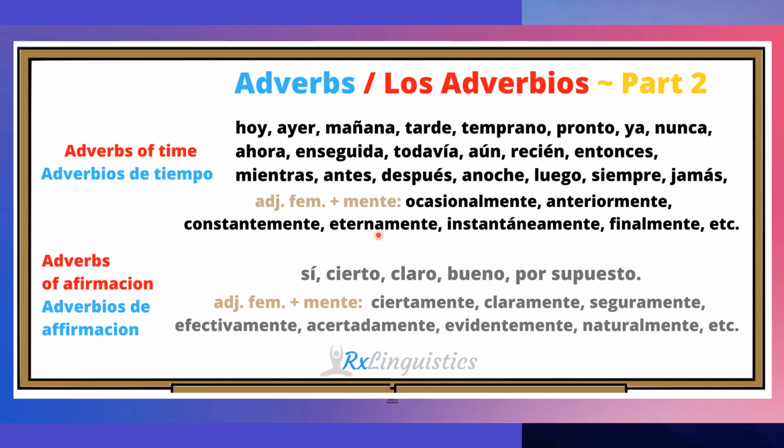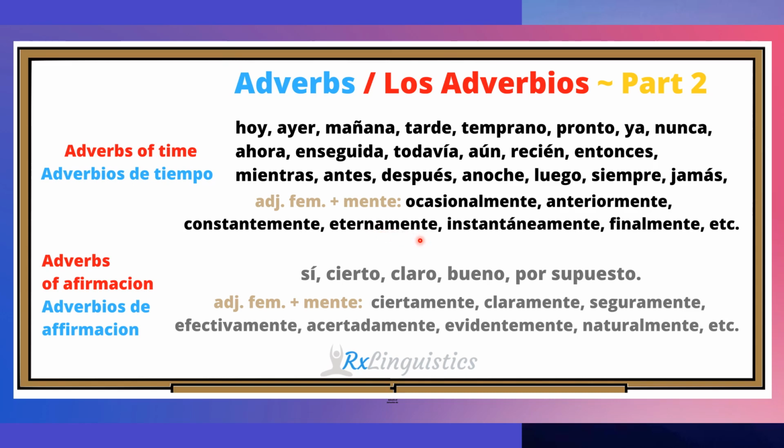Eternamente, from eternal. You convert it into a feminine adjective by removing the O and adding the A first. It becomes a feminine adjective, and then you add the mente.